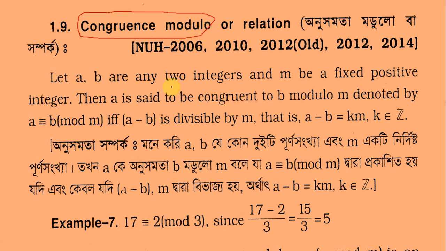Let a and b be any two integers and m be a fixed positive integer, then a is said to be congruent to b modulo m, denoted by a is congruent to b modulo m, if and only if a minus b is divisible by m, that is a minus b is equal to k times m, where k belongs to Z. That means k is any integer. Let us give an example. 17 is congruent to 2 modulo 3, since 17 minus 2 is equal to 15, which is 3 times 5.